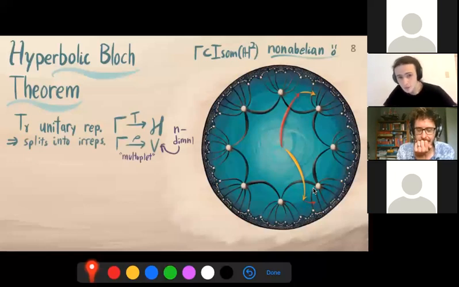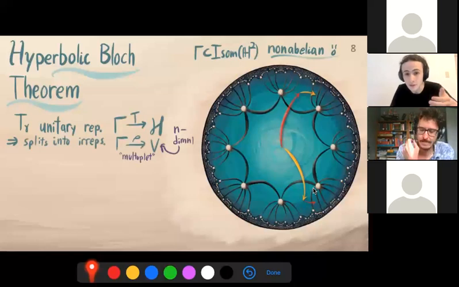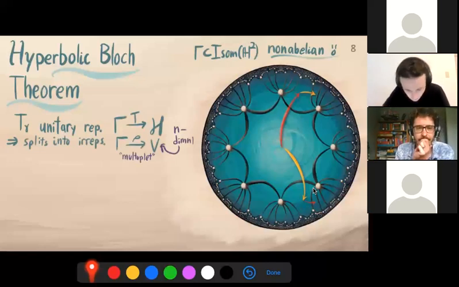But instead, we can think about it this way. We still have these translation operators corresponding to hopping, moving according to a given element of the lattice, right? And that specifies a unitary representation from the lattice group to the whole Hilbert space. And we can split this representation into irreducible representations, basically n-dimensional subspaces.